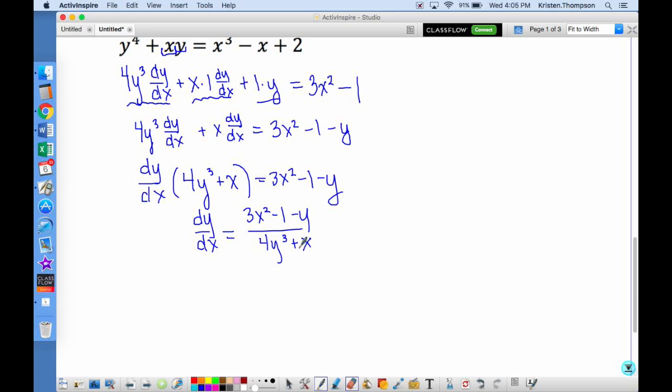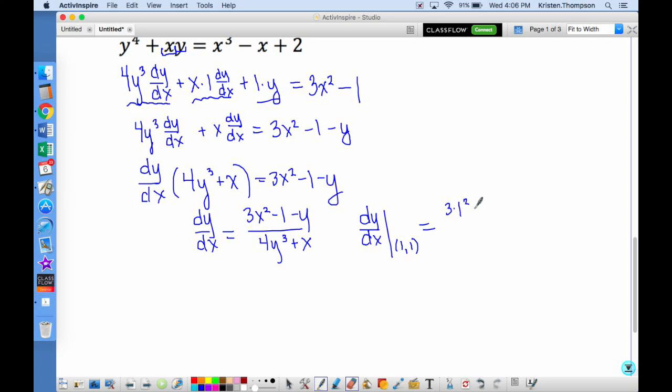This is our derivative, but remember, our problem was to find a tangent line. So we're going to use this derivative to evaluate it specifically at the point. Notice that we need both the x and y value in order to find the derivative value. That's why they gave us the full point. So we're going to plug in (1, 1) into our derivative function.